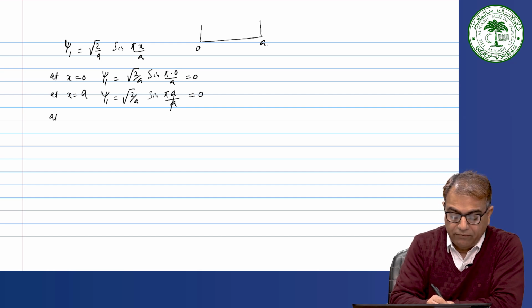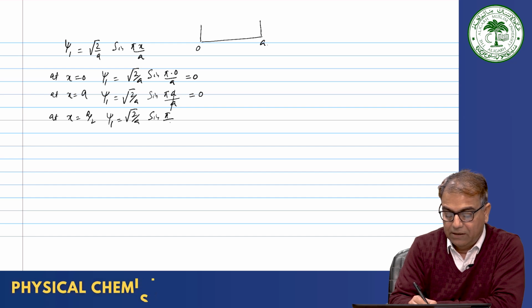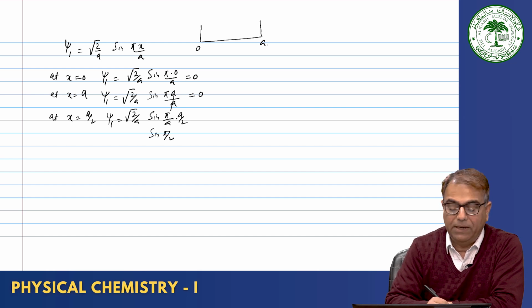What will be the wave function at x equal to a by 2? ψ1 is root 2 by a sin π by a into a by 2, so it will be sin π by 2 and that will be equal to 1.